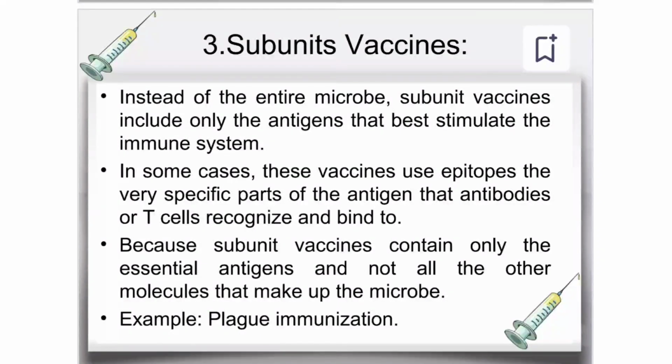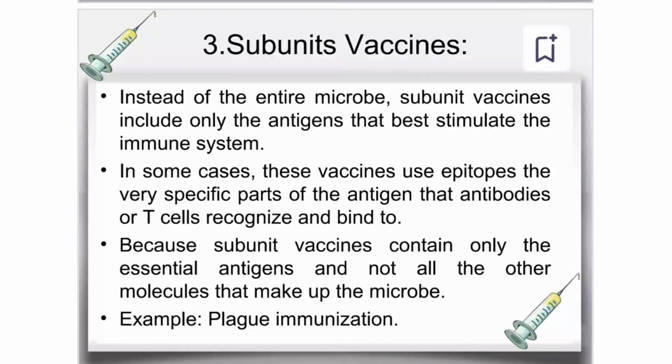Next is subunit vaccine. Instead of the entire microbe, subunit vaccines contain only the antigens that best stimulate the immune system. No need to give the whole microorganism. Instead, the toxin producing substance, the antigen alone, you will be giving in this vaccine.